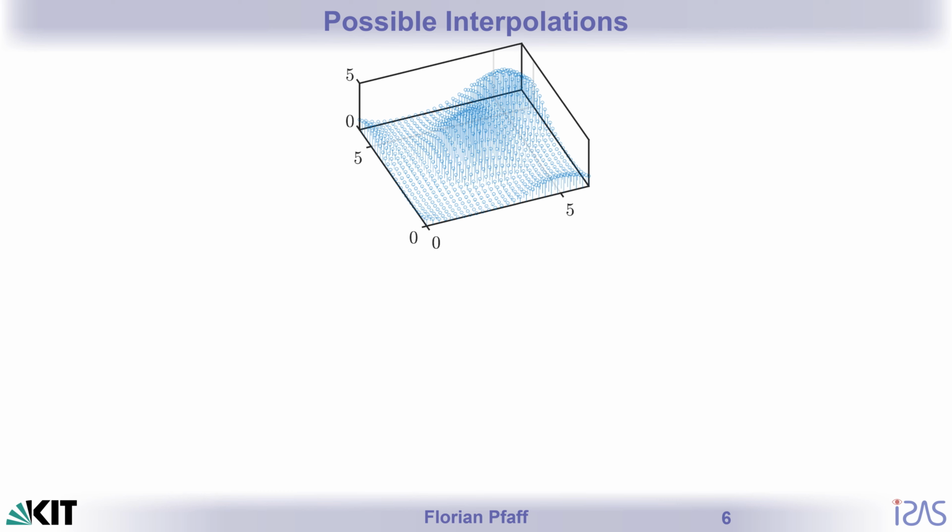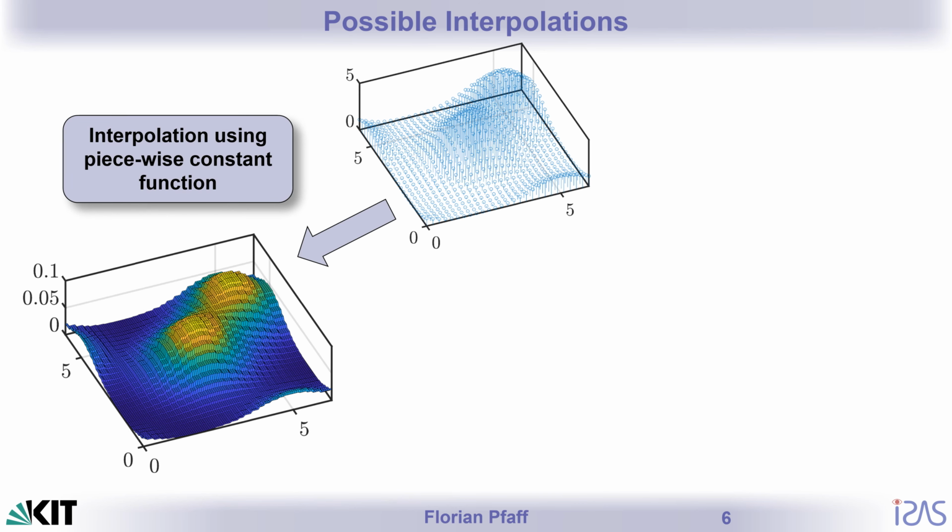But if we have something that encodes the function value of the density at certain points, we still need some form of interpolation if we want to have the continuous density at all points. One possibility is to interpolate it using a piecewise constant function, and we actually use this interpolation in our proof in the paper. But as you can see, this is not really continuous and doesn't look so pretty.